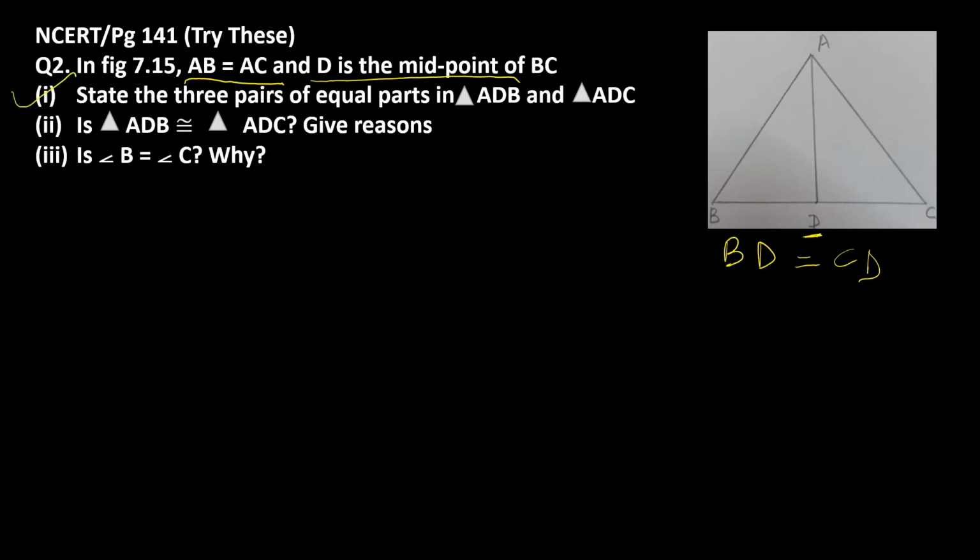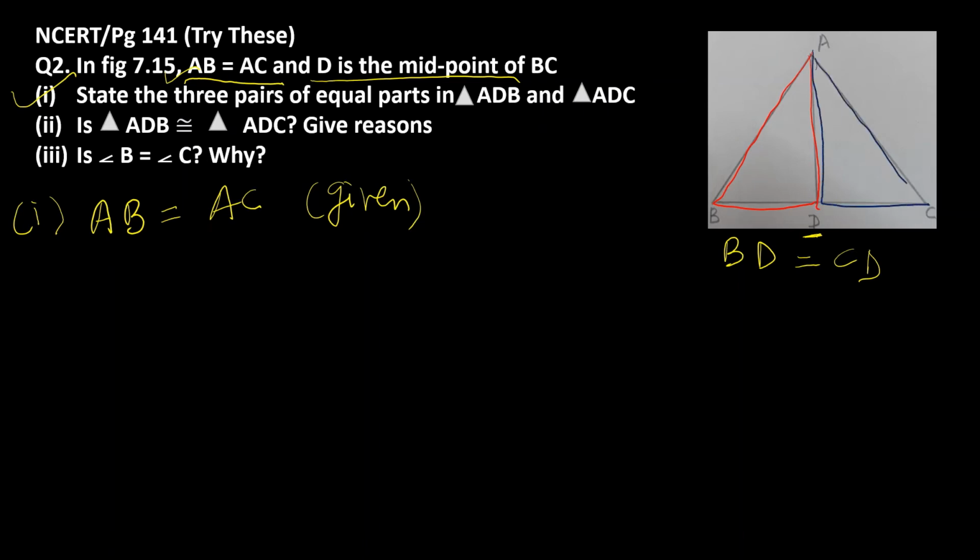We have to give the three pairs similar to the first question. AB is equal to AC. It is given. We will write the reason: given. And here D is the midpoint of BC, right? So we can write BD is equal to CD. Here this is a triangle ADB and there is another triangle ADC, right? So when you are writing, just look at the order. So we have written AB is equal to AC.